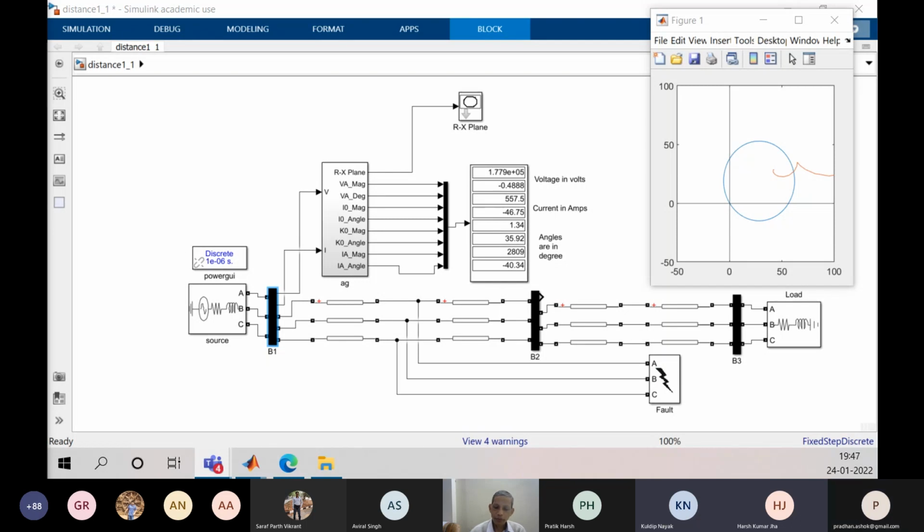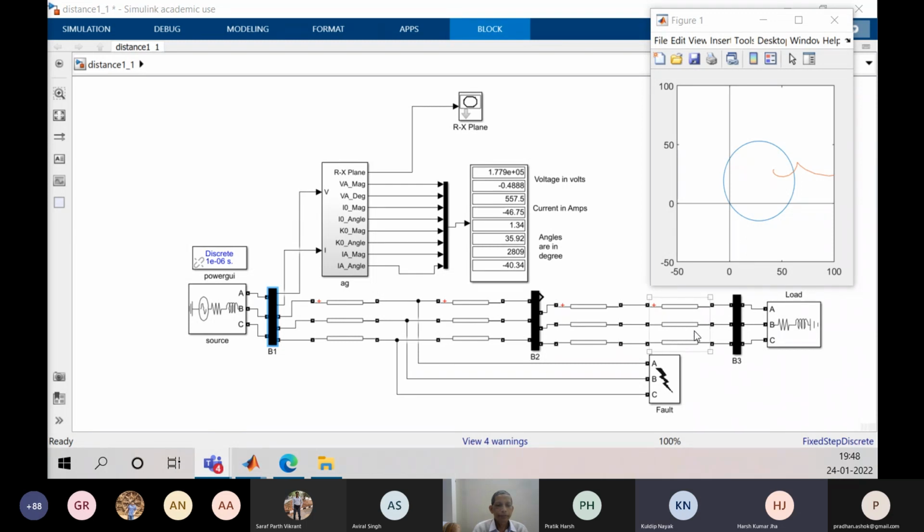Go ahead. Okay, so this is the Simulink model that we have developed. There are three buses B1, B2, B3, and two sources at B1 and B3, and this line is 100 kilometers and this is a 60 kilometer line.